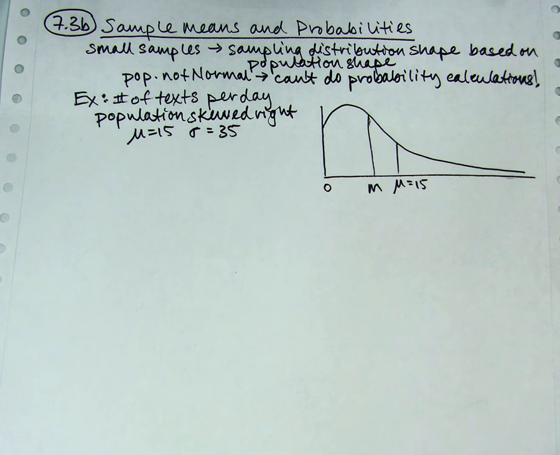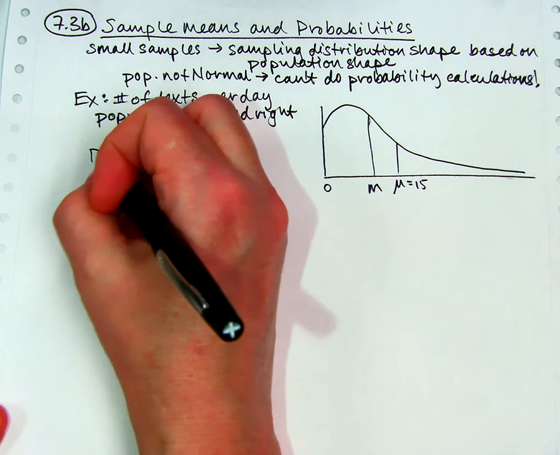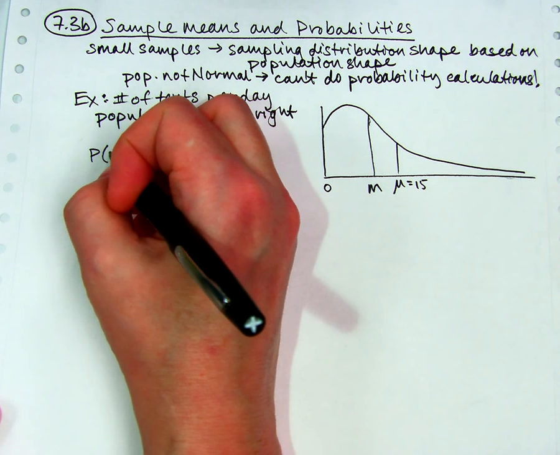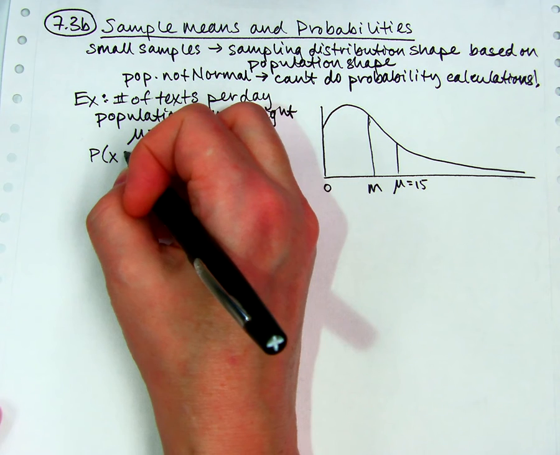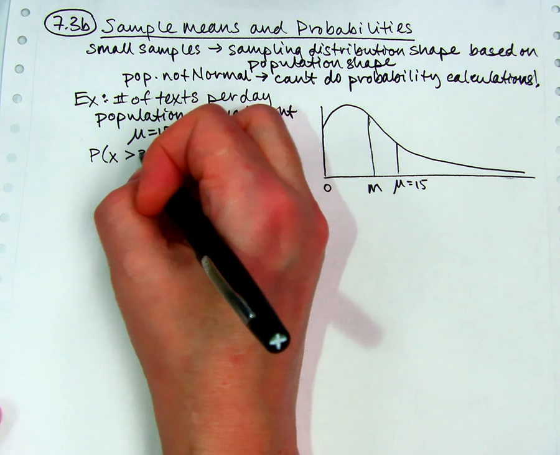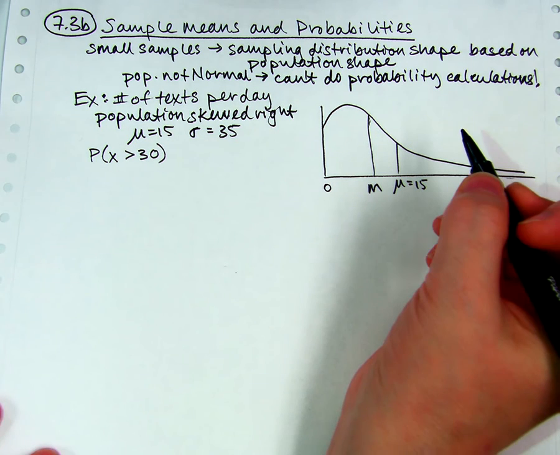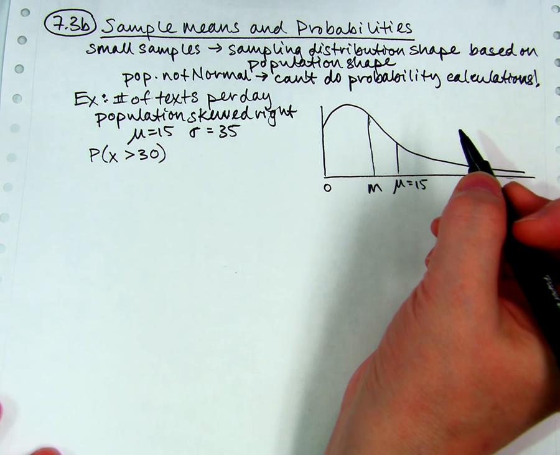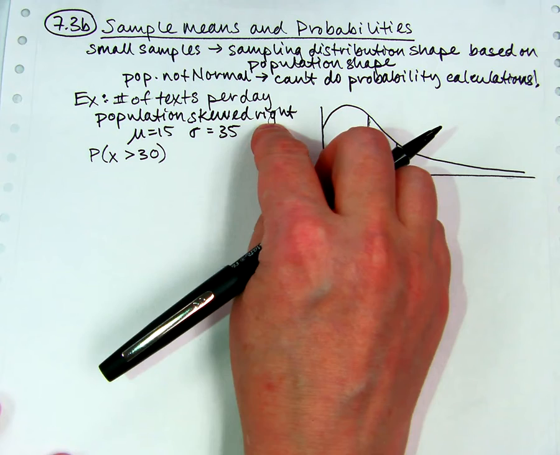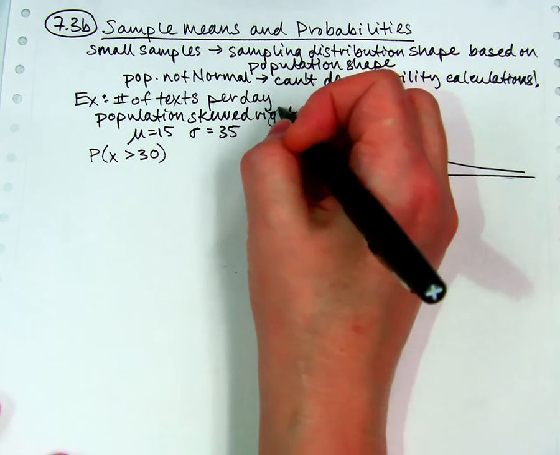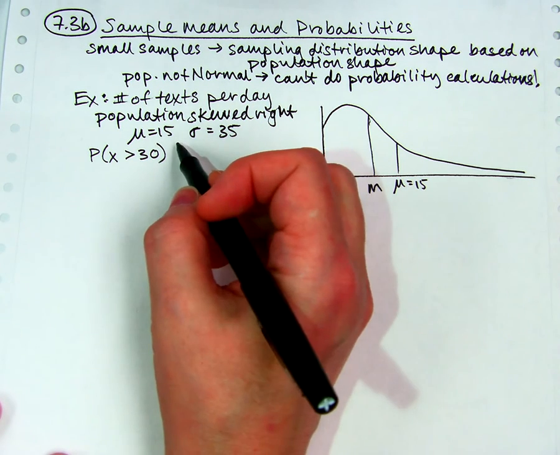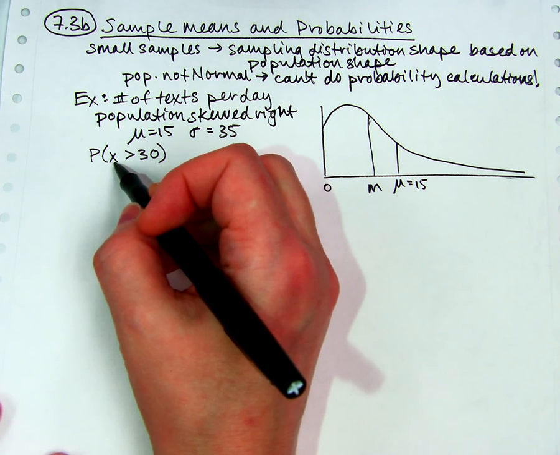So if I want to do something like the probability that an individual person X has a number of texts per day greater than 30, there may be some questions in your homework like this where they say find it if you can. And if you have skewed right, or skewed any way, it doesn't matter which way it's skewed, and really small, this is a sample of size 1, I have to say.